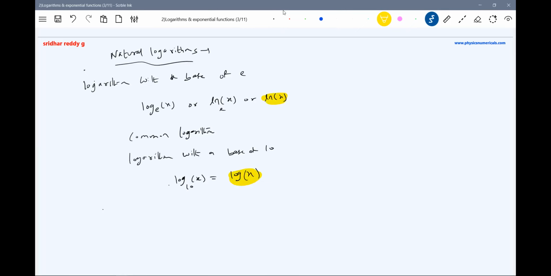If you write log x, it is to the base 10. Then binary logarithms, logarithms with a base of 2. So this will be log x to the base 2. This is widely used in digital electronics.